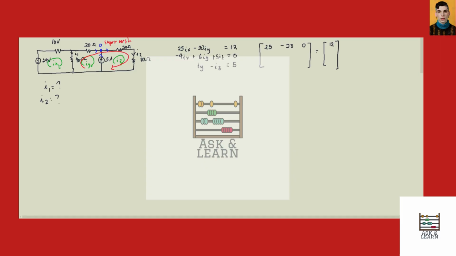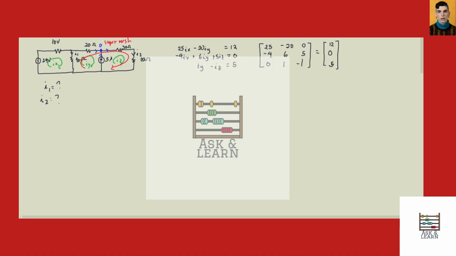For the second equation, we get negative 4, 6, 5, 0. Lastly, for the third equation, we get 0, 1, negative 1, and then 5. Now you could solve for these unknowns using determinants.